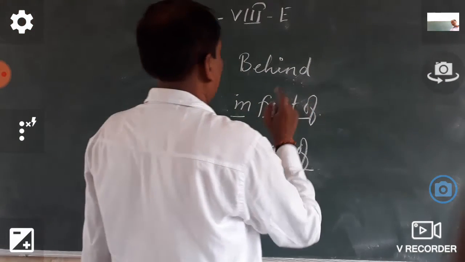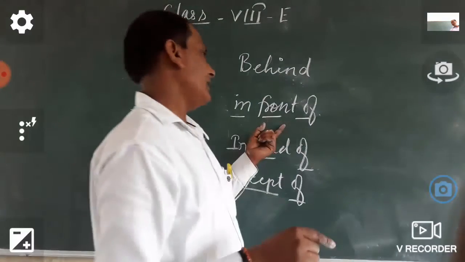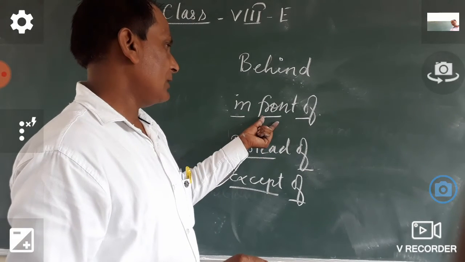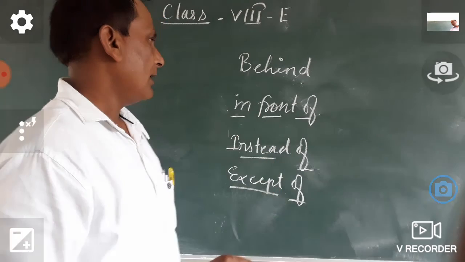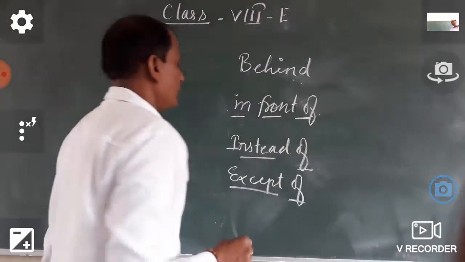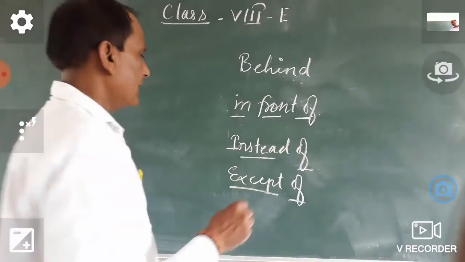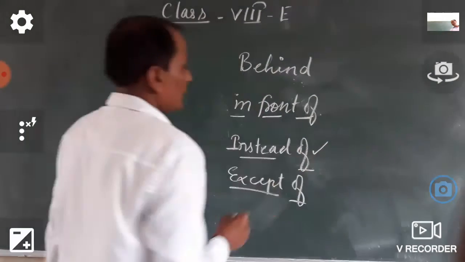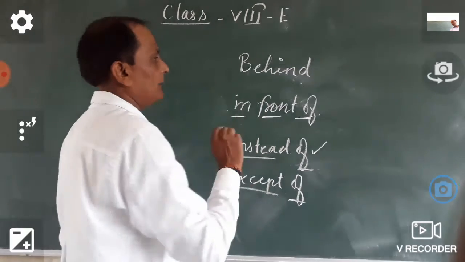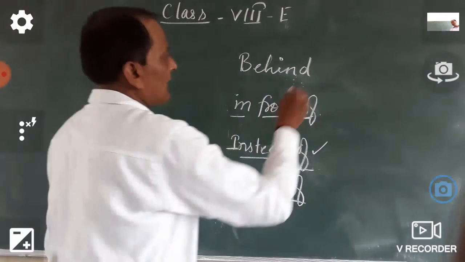In front of. In is already a preposition. Front is a place or situation based adverb, and this one is also a preposition. Instead of means it is also a preposition. So double prepositions are taken in many of the sentences, except of. By using these, their meaning would be changed.